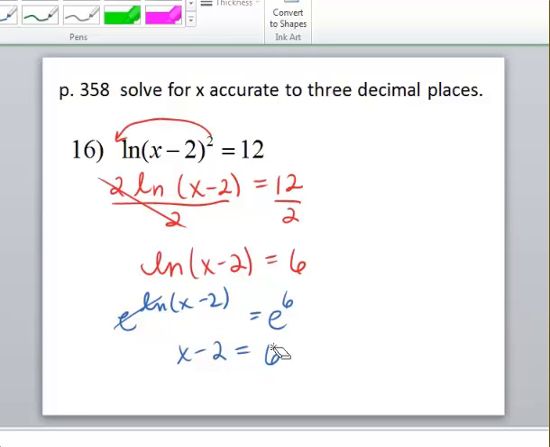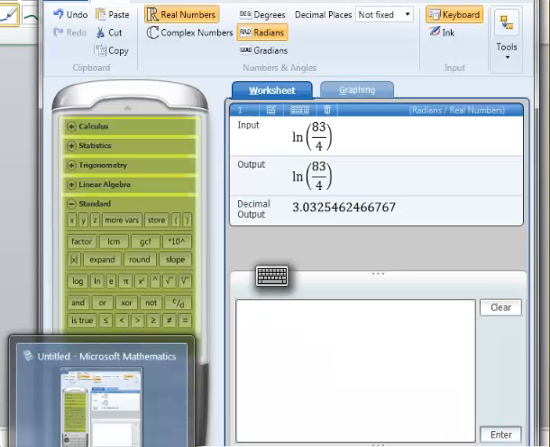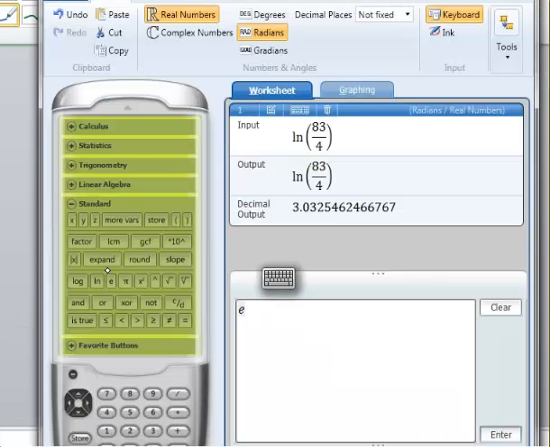Let me make that correction. And then the last thing I would do is write x is equal to e to the 6th plus 2. Now, you should, on your calculator, be able to find an e. It would probably have it to a power automatically. I need to actually raise this to the power. I need to figure out if I can find the button for it, which I'm not finding, so, oh, there it is right there.